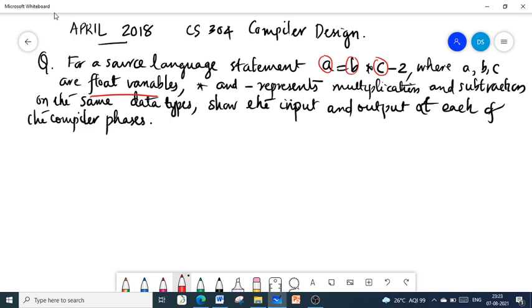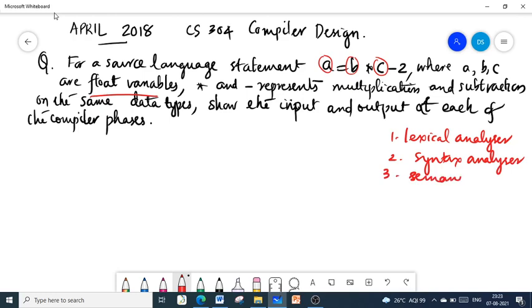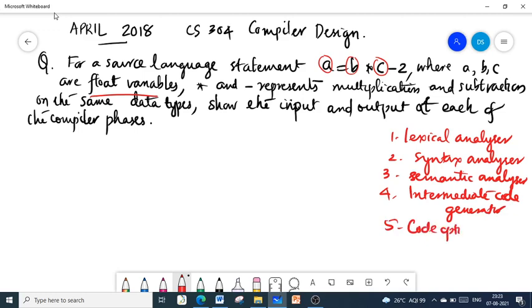So as we all know, basically there are 6 different phases. Lexical Analyzer, second one Syntax Analyzer, third one Semantic Analyzer, fourth one Intermediate Code Generator, fifth one Code Optimizer, and sixth one Code Generator.